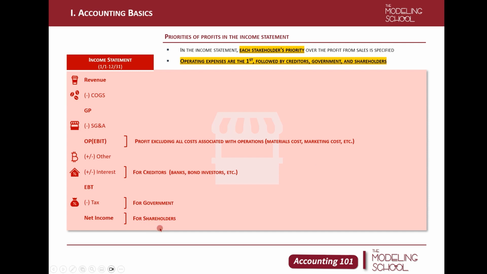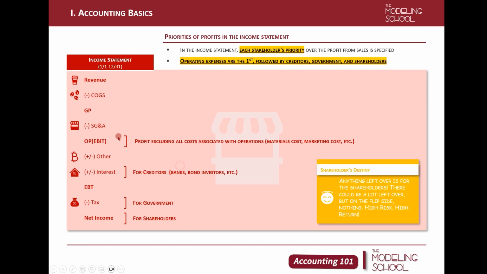The shareholders take whatever's left. If there's a lot left over, the shareholders are going to take a lot. If there's nothing left over, the shareholders are going to end up with nothing. So it shows the riskiness of each tranche's investment, and it's also related to the required rate of return of each investment. So that's pretty much the income statement, and let's proceed to our balance sheet.